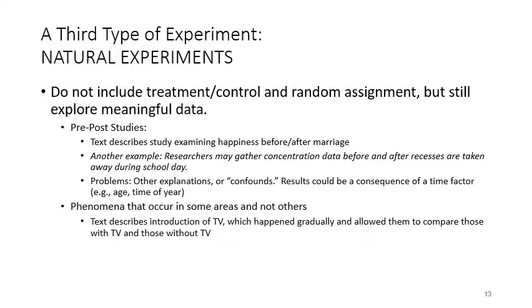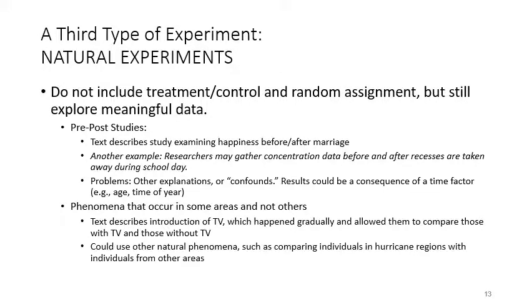So that's happening naturally. Or maybe we want to look at natural phenomena, like people who are experiencing wildfires or hurricane regions. And so maybe we want to know if something about the stress level or the reaction to trauma is different for people who have lived in these areas with wildfires and those who have not.